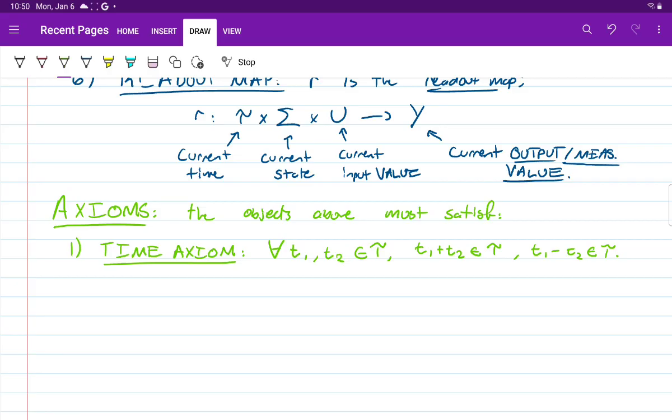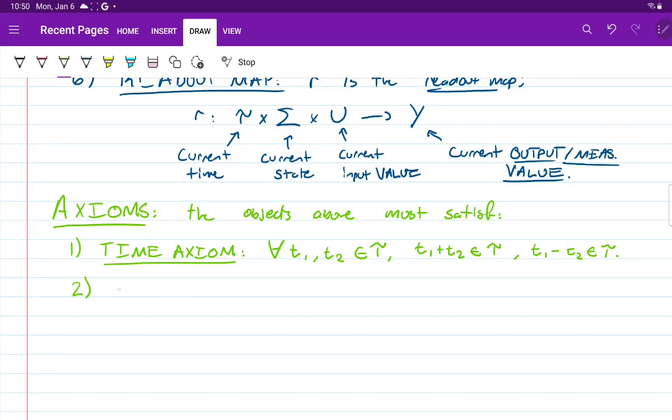The basic reason is that we'll discuss how we delay signals by a certain time tau in our time set. If we're delaying, we want to make sure that if I take any time and subtract off my delay tau, what I get back is a valid time. Again, we'll talk about this more formally a little later. Just keep this in the back of your mind for now.